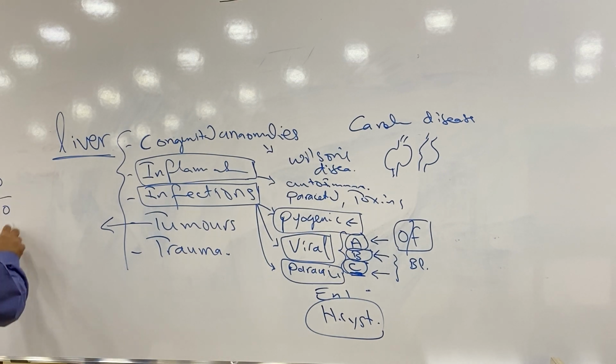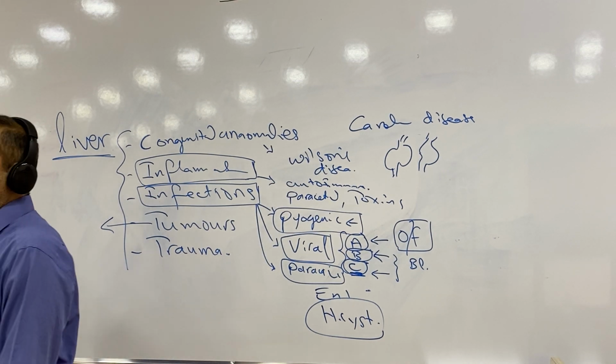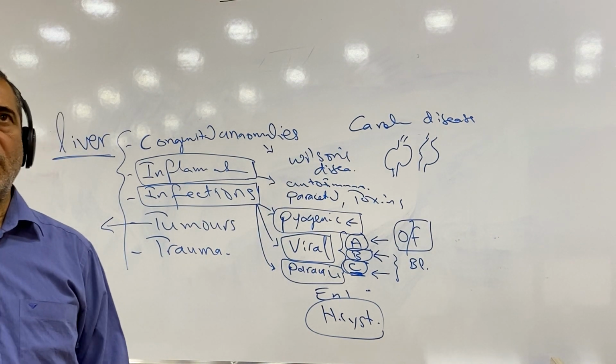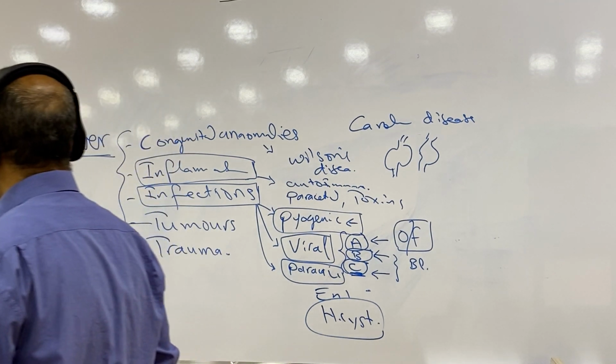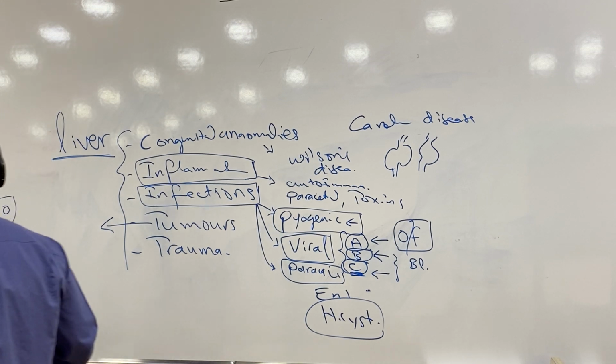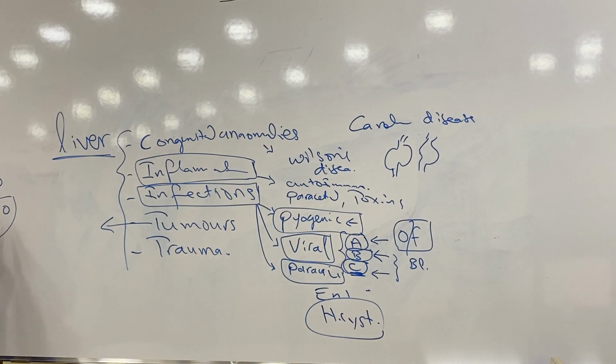A lot of metastasis come to the liver, for example, from prostate, from the bowel, mainly from the colon. All over the body it comes to the liver, and liver can be studied with metastasis not from its parenchyma.